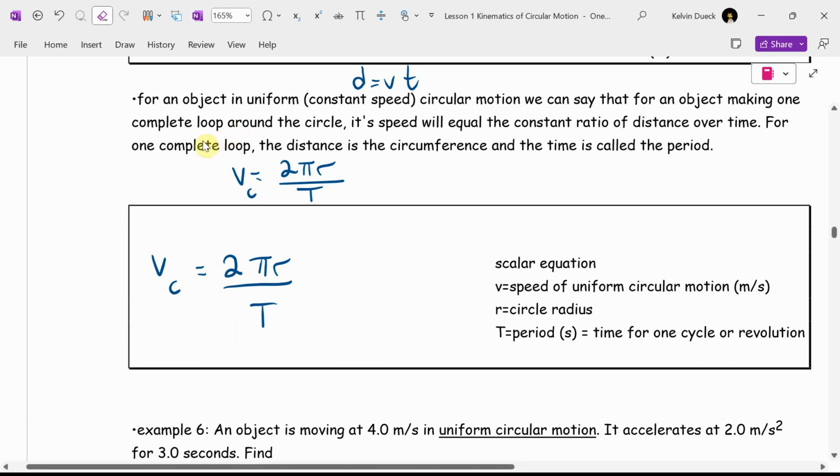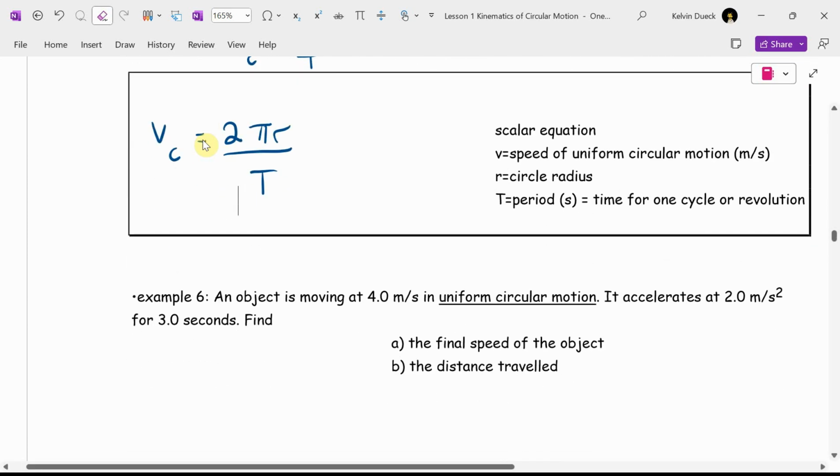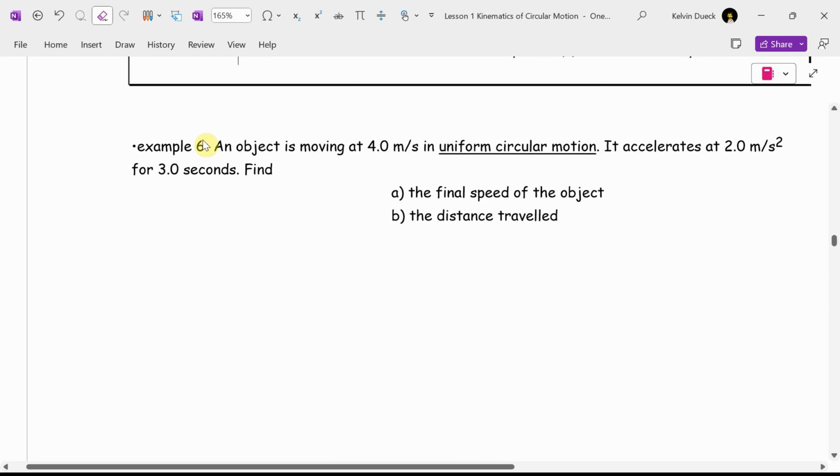This gives us a weird situation. I've taught you some habits in Physics 11 that you're going to have to unlearn if you're moving in a circle. Example 6 says this: an object is moving at 4 meters per second in uniform circular motion. It accelerates at 2 meters per second squared for 3 seconds. What does A want me to find?